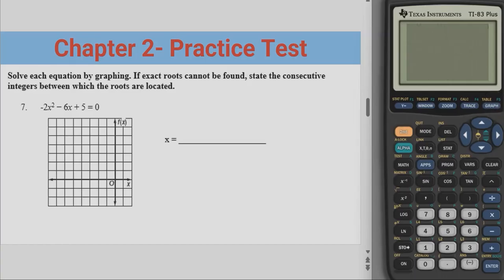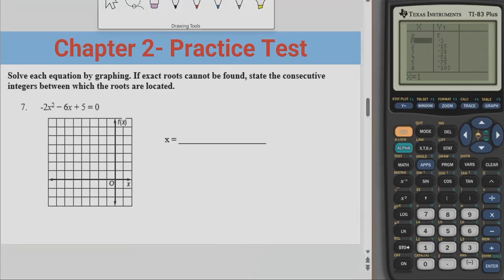We could use the calculator tools to find that, but we are told in the instructions to find the consecutive integers between which they're located. So I'm looking for where that graph switches from positive to negative in the table, right? So at 0, it's +5. At 1, it's -3. So I know that that first root is going to be between that 0 and 1, right?